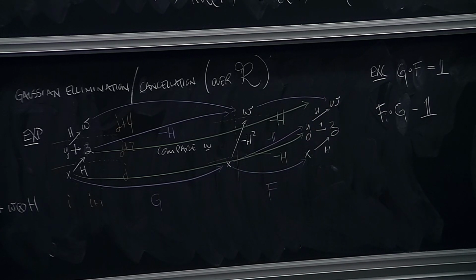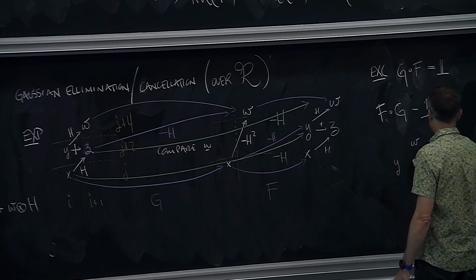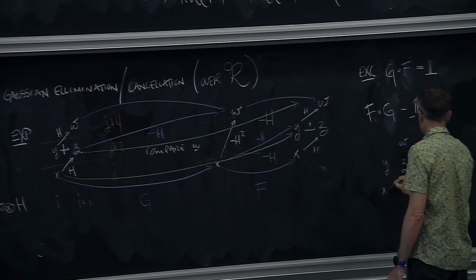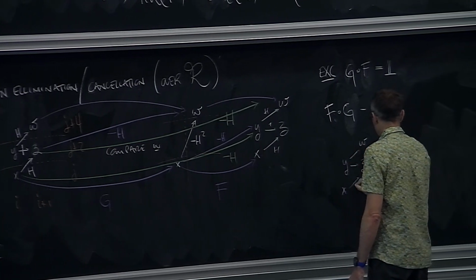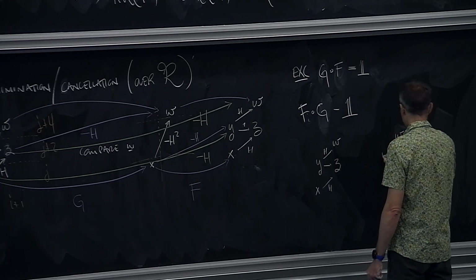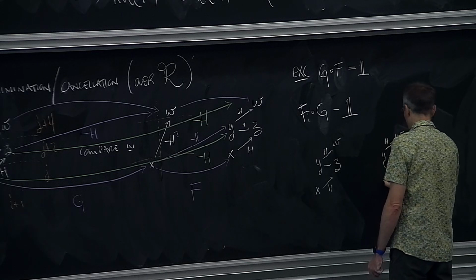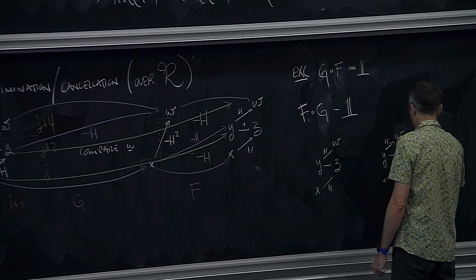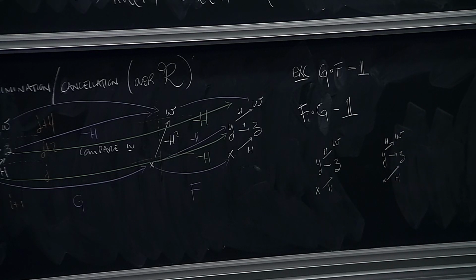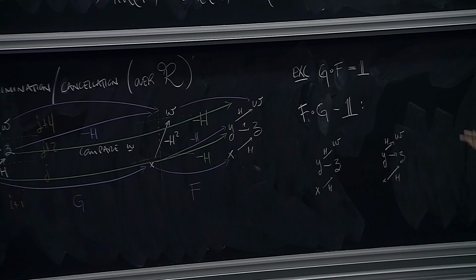So let me write it out again. So we've got W, Y, Z, X. And what's left over when I subtract the identity away is like this. This is the defect.